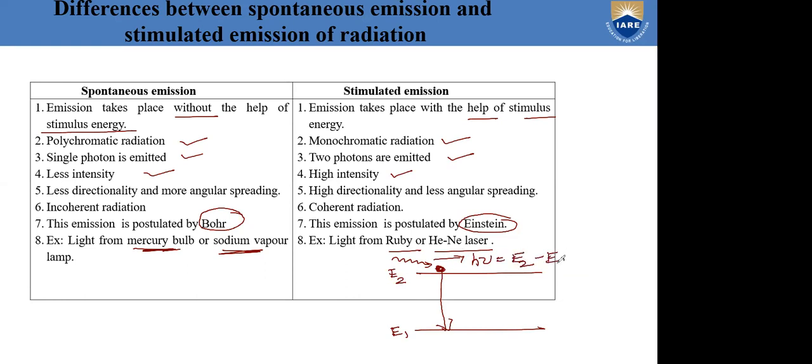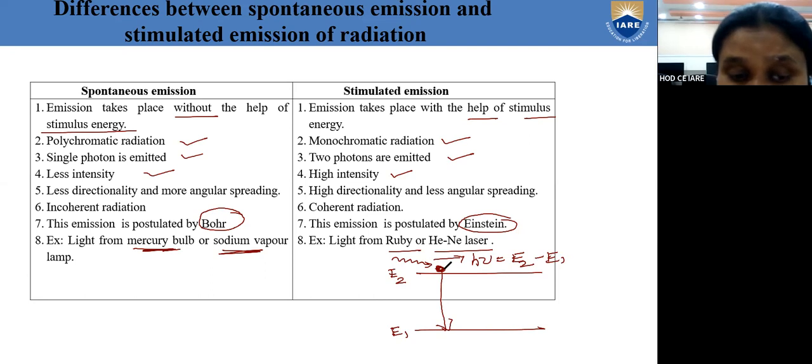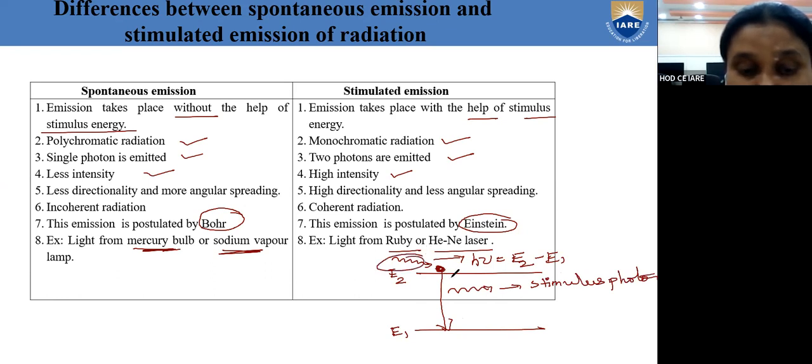So when the photon falls on this atom, it comes down. Now what happens to this incident photon? Even though it has given its energy, it is still present. That photon is our stimulus photon. What is meant by stimulus photon? The photon which is making it come down, forcing it to come down. This is our first photon.